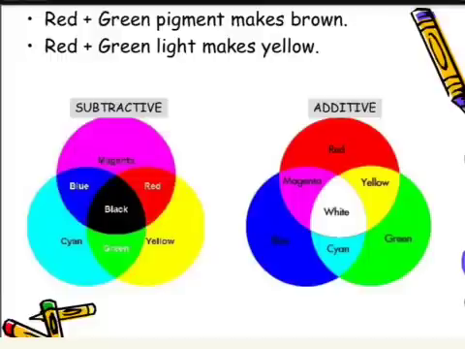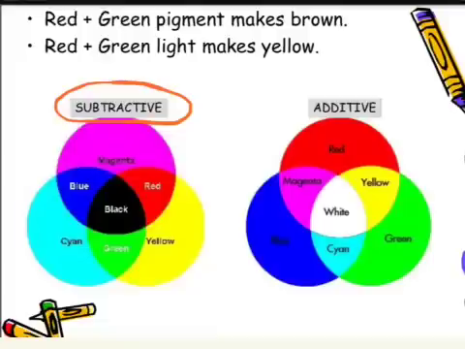Okay, so these two diagrams show you how color mixing works with pigments versus lights. With pigments, as you mix colors together, they subtract. In other words, they absorb more and more light.